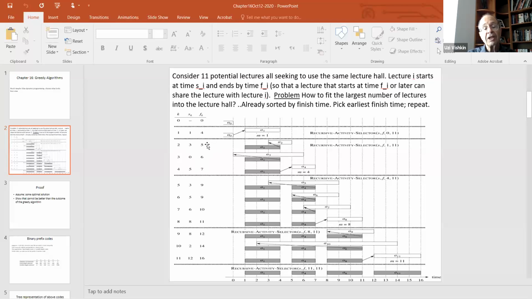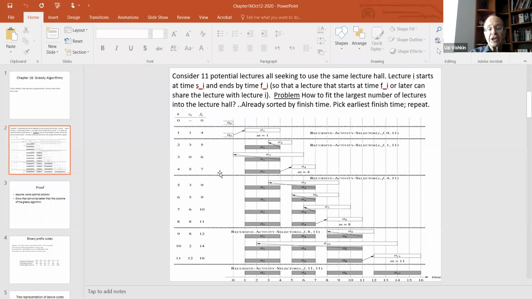Okay, so I go through the lectures and I keep throwing out anything that overlaps the lecture I already committed. So what this means is that you shouldn't read too simplistically this one-line algorithm of pick the earliest finish time and repeat, because it has the side effect of getting rid of some lectures, which is not written here.